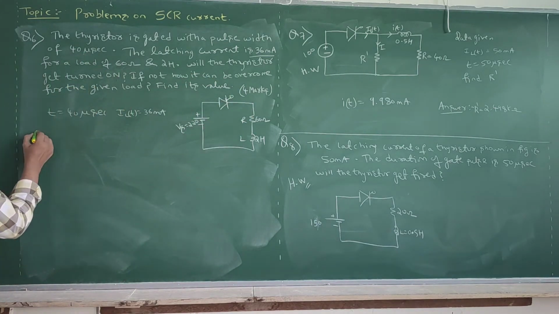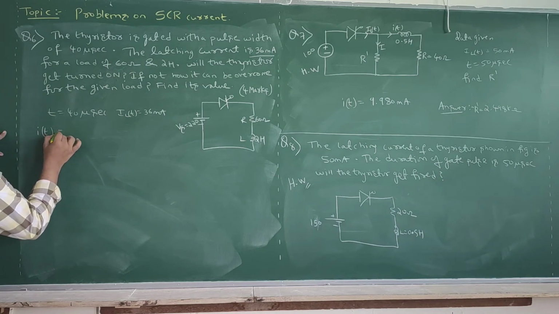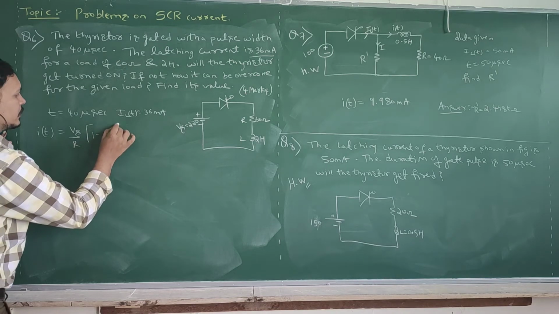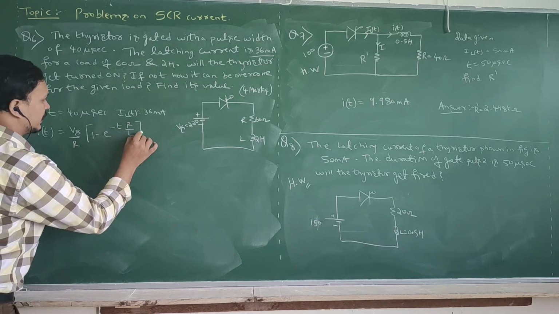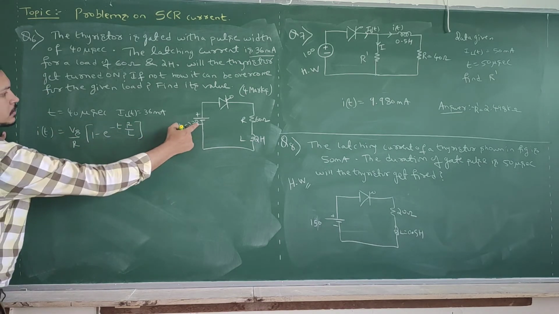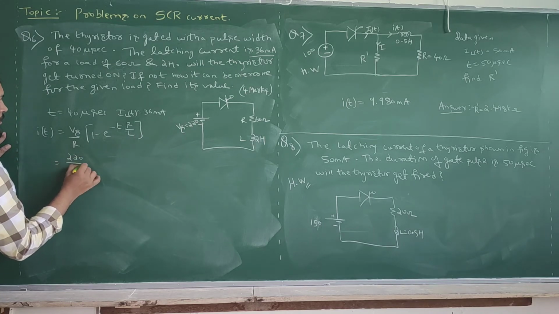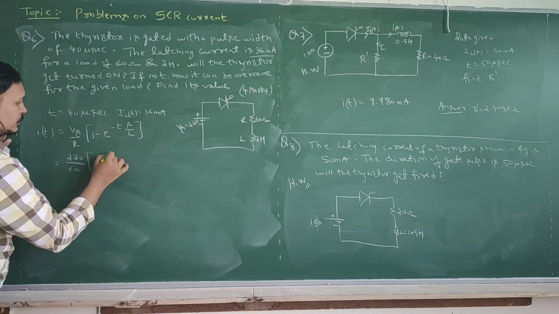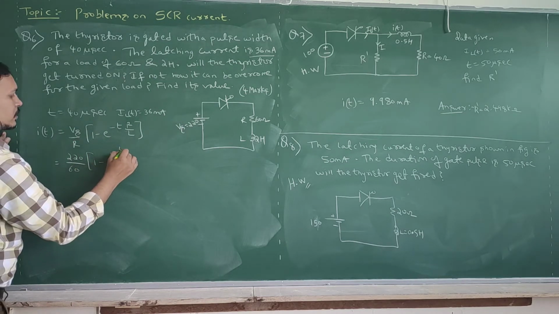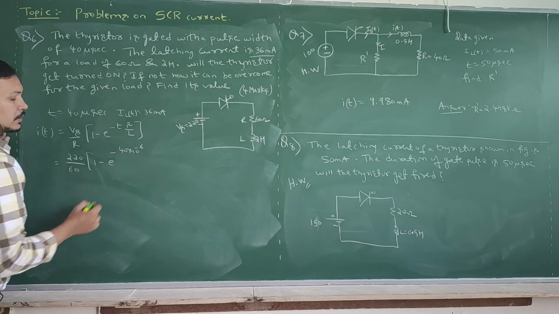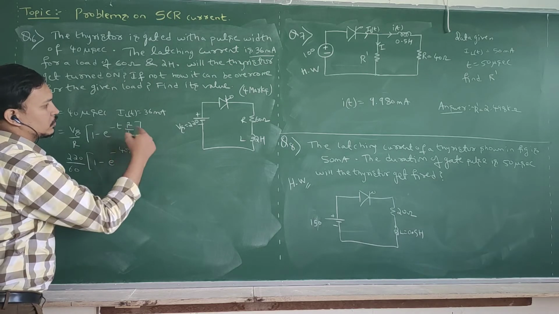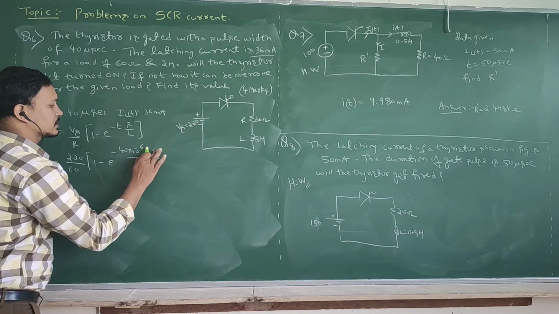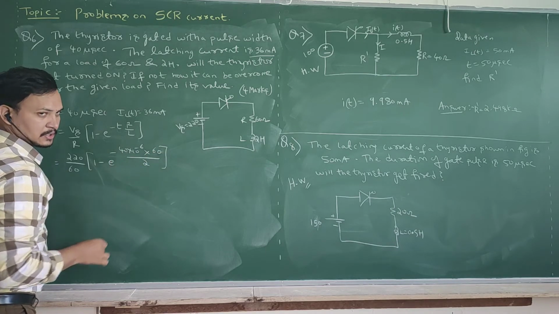First, you just calculate I of t. What is I of t? Vs by R times 1 minus e to the power of minus t R by L. What is Vs? 220 volts. What is the resistance given? 60. Within the bracket, 1 minus e to the power of minus, what is the time? 40 microseconds, 40 into 10 power minus 6, into the resistance value 60 divided by 2; resistance is 60, inductor is 2.